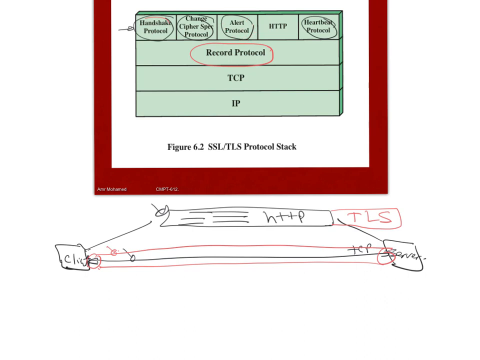If that's the case, depending on the type of alert, this may instantiate another handshake protocol to renew the security context by going through user authentication and key exchange one more time, and then we go to the change cipher spec to use that particular cipher spec for all the upcoming connections. So one alert may in fact trigger the handshake, which consequently causes the change cipher spec to use that cipher spec for all the upcoming connections.